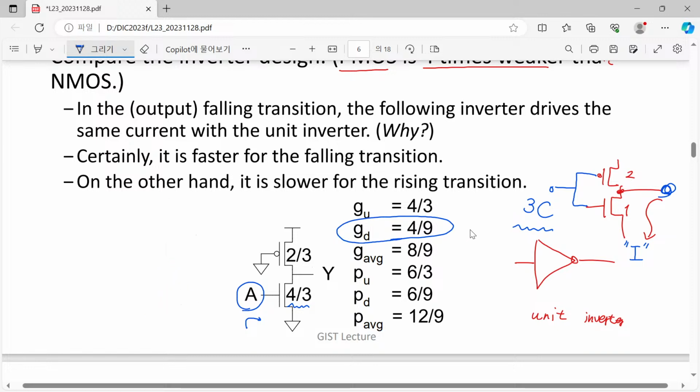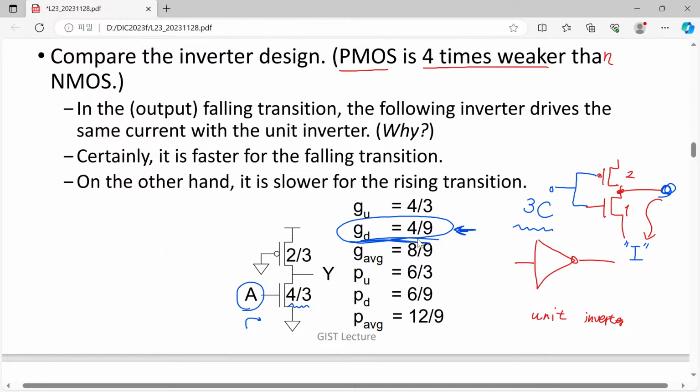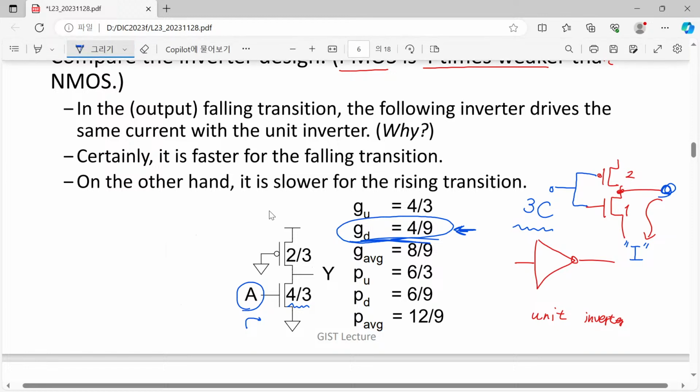Then we can easily understand that here we have 4/9 as the logical effort for the falling edge.